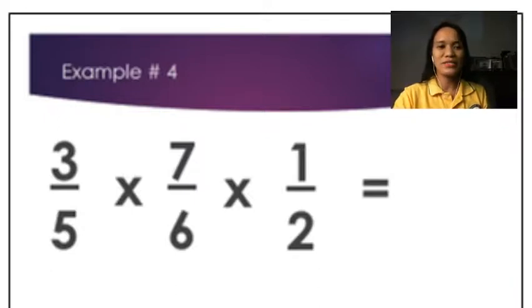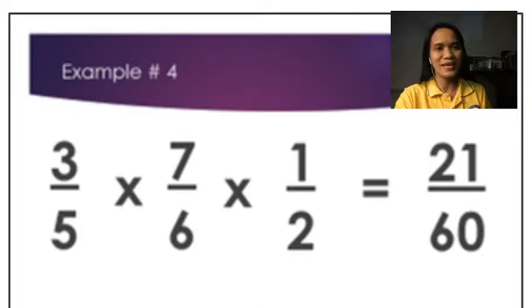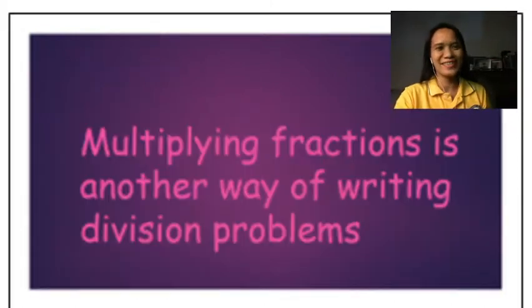Top numbers first. 3 times 7 times 1 is 21. And now, let's work on our bottom numbers. 5 times 6 times 3 is 60. And so our final answer is 21/60th. So there you have it.